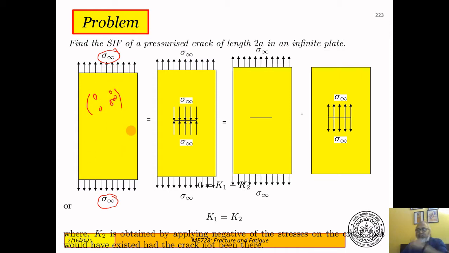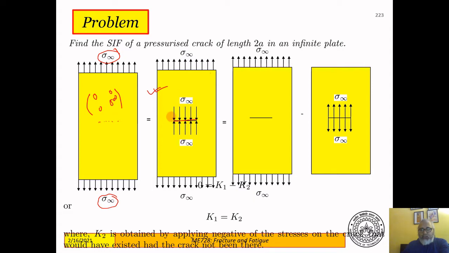Everywhere it's uniform, homogeneous over the whole plate. Now, this problem can be thought of as being equal to this problem. In this problem, we have a crack. Here there's no crack.